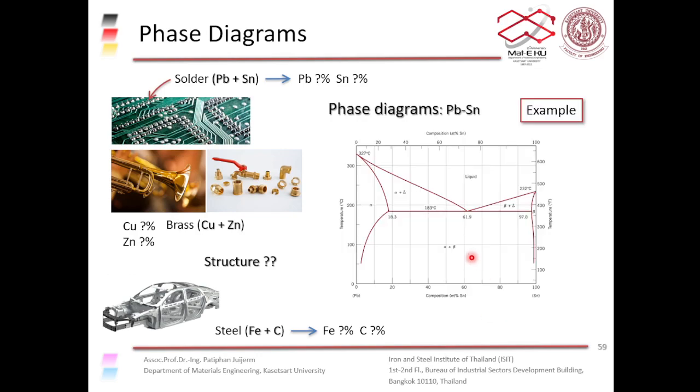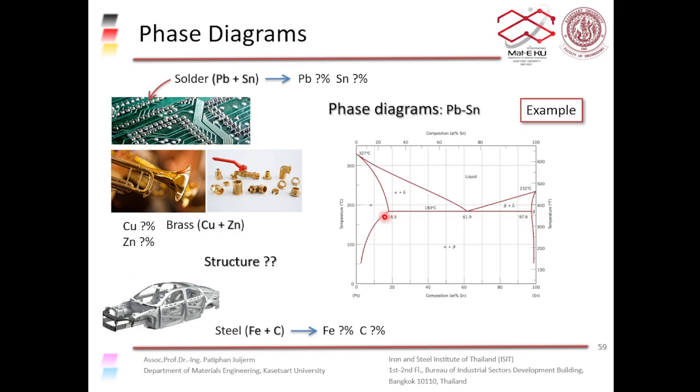Okay, so alpha is a solid solution, beta is a solid solution, and these solid solutions have a sort of solubility limits, right? You can see in this picture here, this number 18.3 on this side and 97.8 on this side.